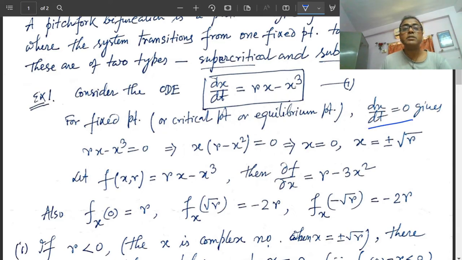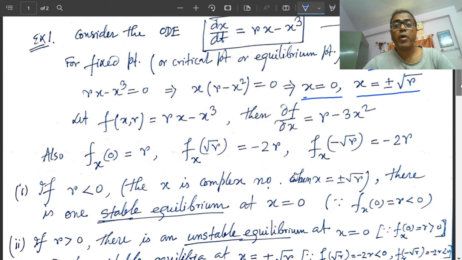So rx - x³ = 0. We get three roots, x = 0 and x = ±√r. So there are three critical points: x1* = 0, x2* = +√r, and x3* = -√r.